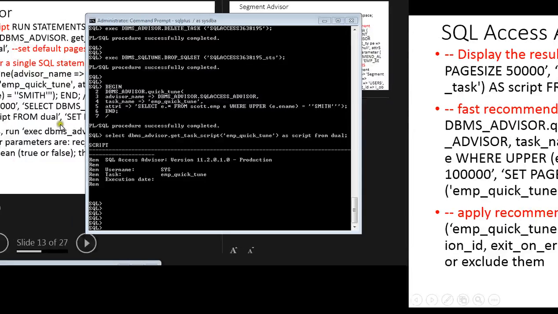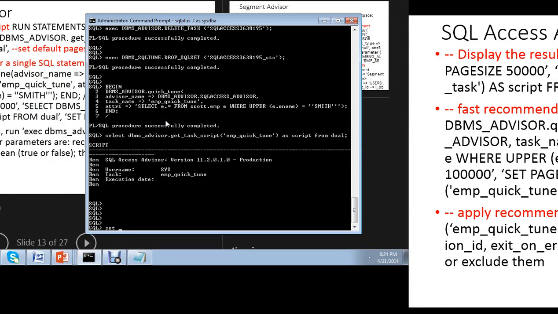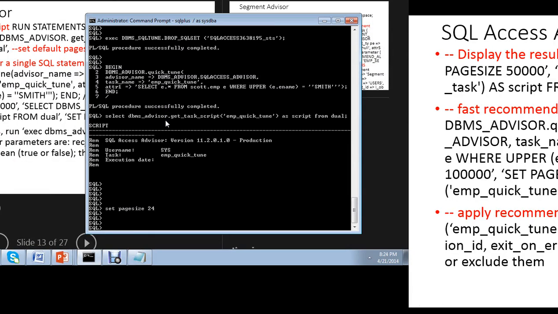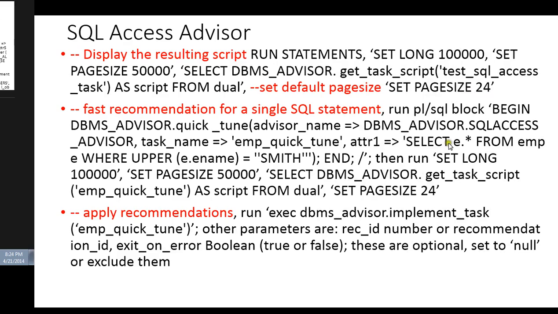And basically, what I would do now is reset my set page size to 24. So I'm back to my default. And again, after you have your recommendation, you can run the exec DBMS Advisor implement task. I have here at the bottom, of course there was no recommendation there, but there was a recommendation for my previous task, which I already implemented.